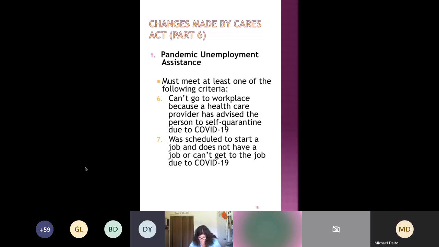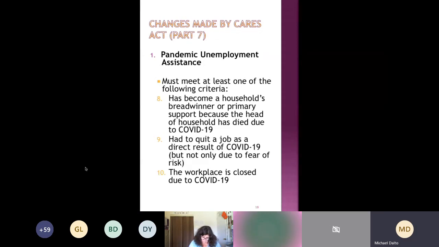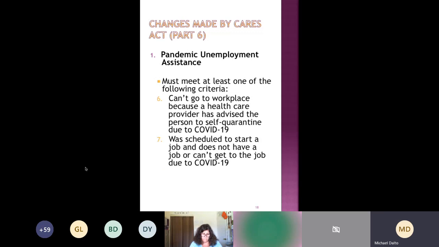Would an individual who needed to stop working to protect a family member qualify? Yeah, I wish that I could answer that one definitively, but I can't because we don't have specific criteria. But that sounds like it could be a strong argument to me for the person meeting reason number 9, had to quit a job as a direct result of COVID-19, or perhaps had to self quarantine, which was reason number 6.